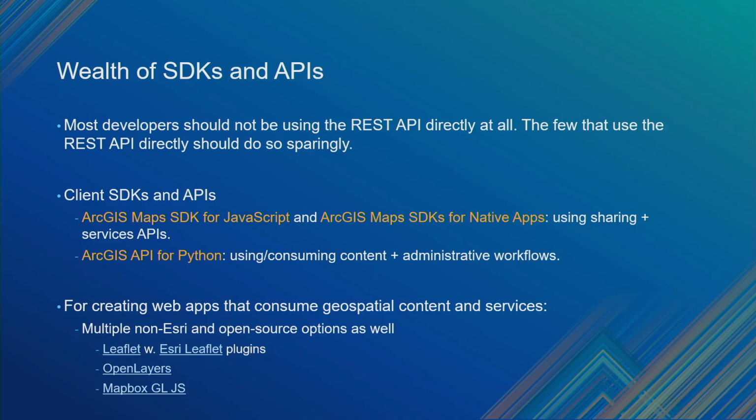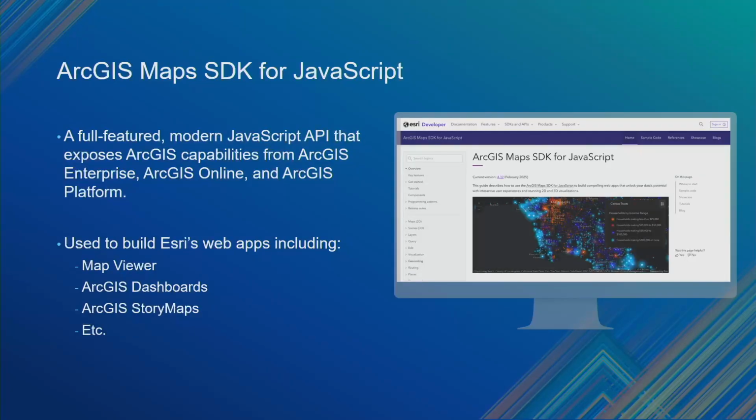Building on that a little bit, let's dig into these different SDKs that are available to you as part of ArcGIS Enterprise. First up, we have the ArcGIS Maps SDK for JavaScript. This is really intended for building compelling web applications that give you a rich user experience and support both 2D and 3D visualization. So whether you're working with just 2D data or you want to use real scenes with the 3D element, the ArcGIS Maps SDK for JavaScript will support you in building those applications.